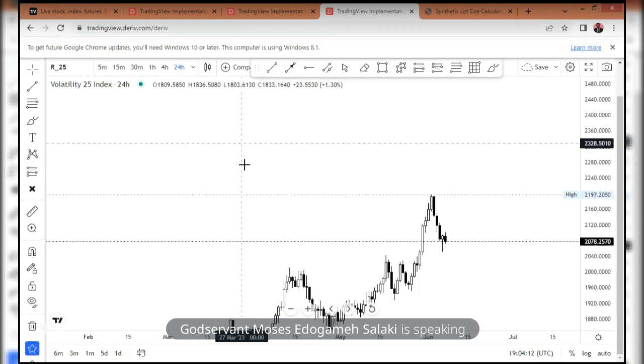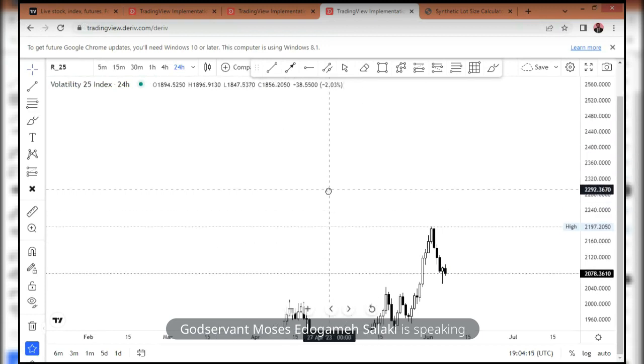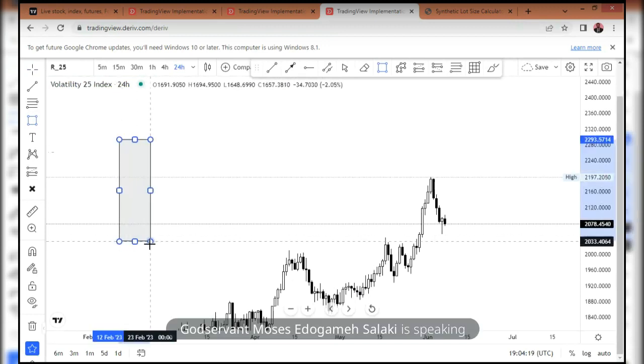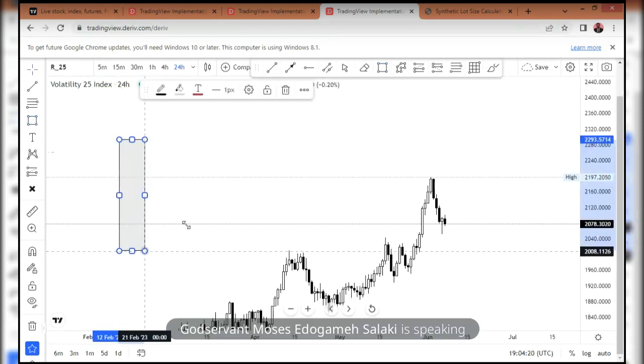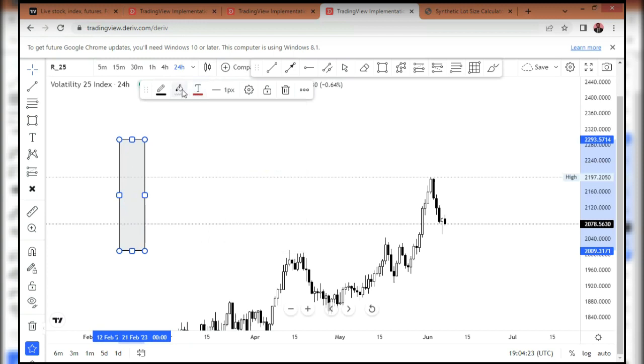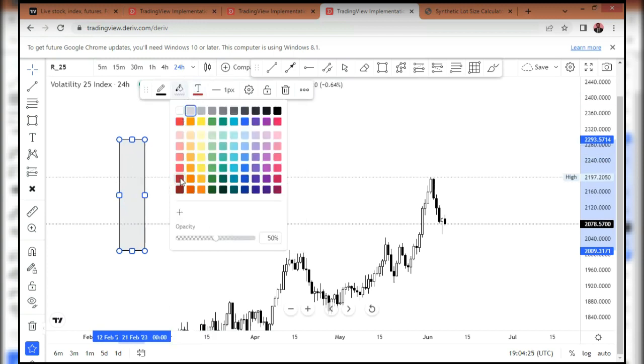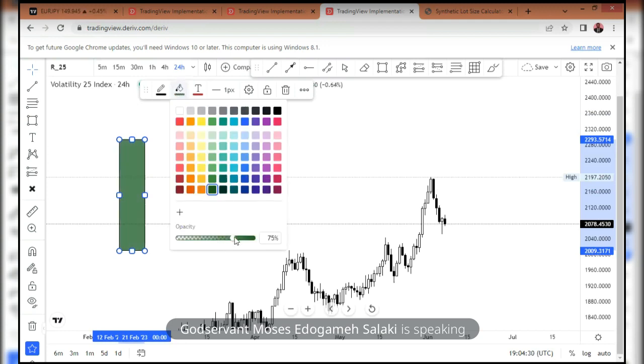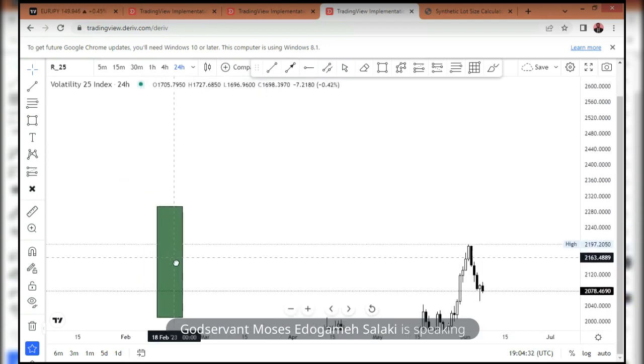Okay, so this is a candle. Let me start with a bullish candle. This is a bullish candle.